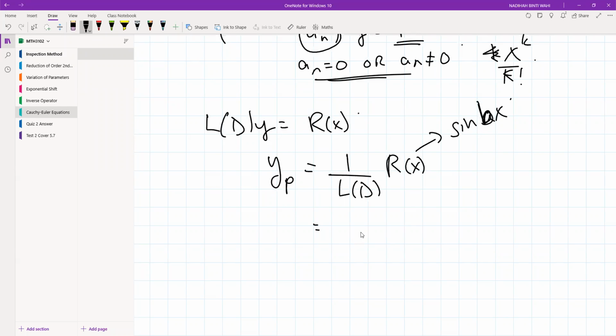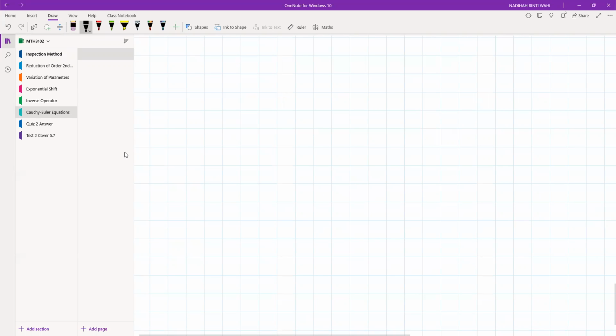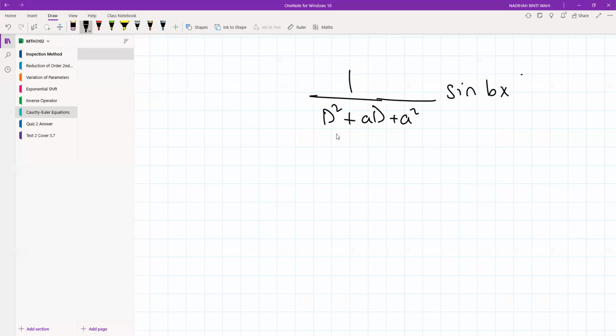Kalau saya tak dapat dalam bentuk A squared plus D squared of sin Bx, yang ni boleh guna inverse operator formula. Tapi let's say I have macam awak kata tadi 1 over D squared plus AD plus A squared of sin of Bx. Okay, so yang ni tak boleh guna.